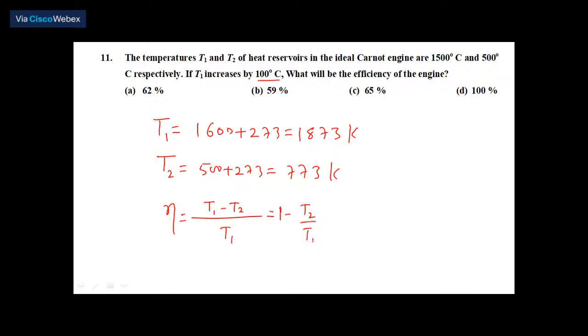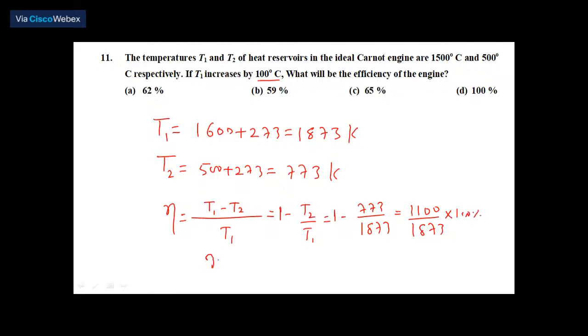So it is 1 minus 773 divided by 1873. 1873 minus 773 is 1100, divided by 1873, and you multiply this by 100%.